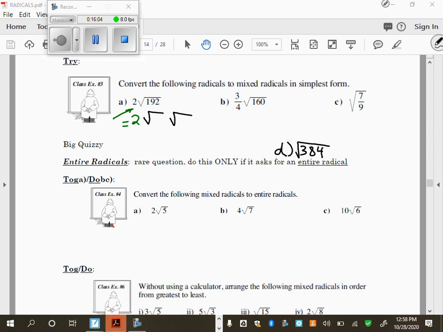Anyone find it? 64 times 3 equals 192. But your calculator does. So use your calculator, and you're going to be happy, happy, happy.